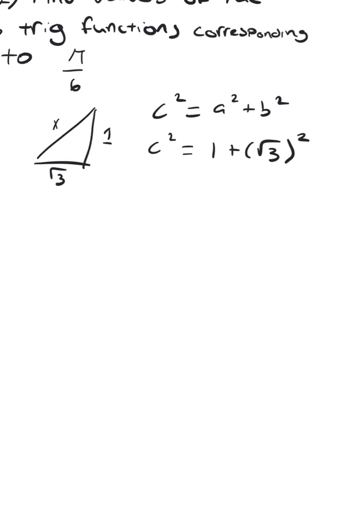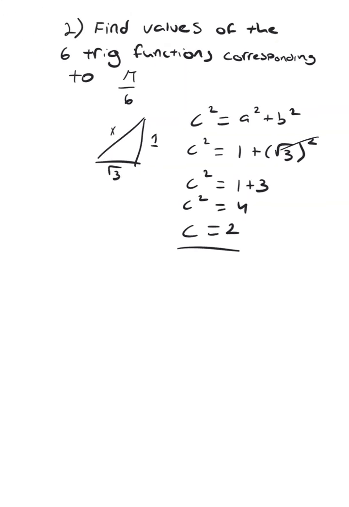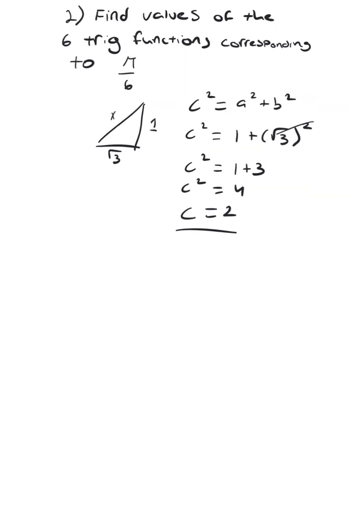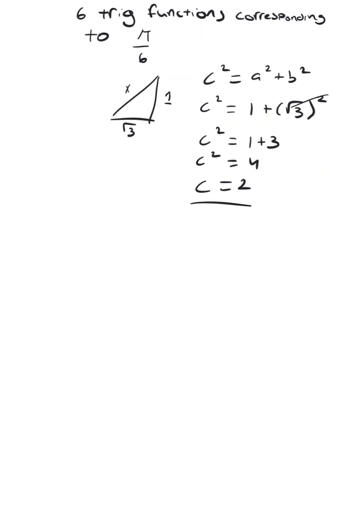We know that the square root and square cancel out, so we're left with c squared equals 1 plus 3. c squared equals 4. What squared equals 4? 2. c equals 2. Okay, now that we know that, we can find our 6 trigonometric functions.